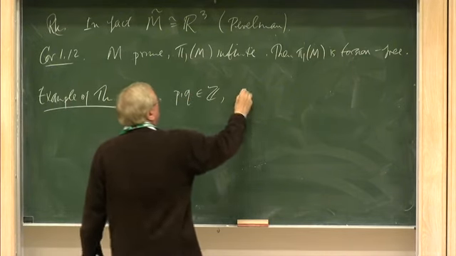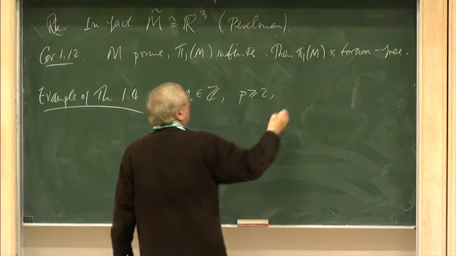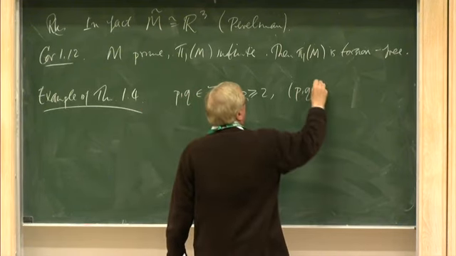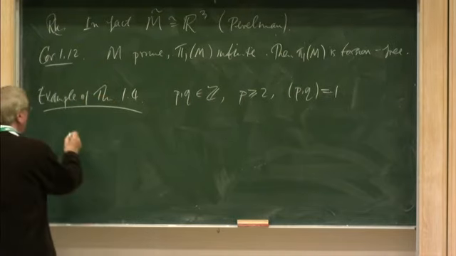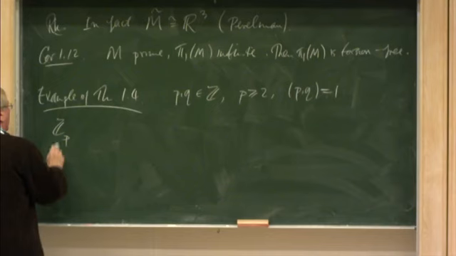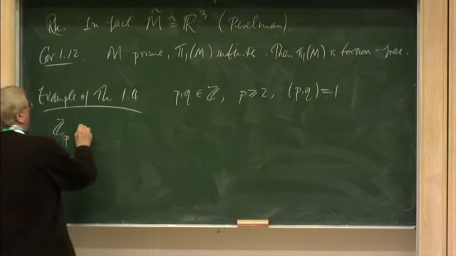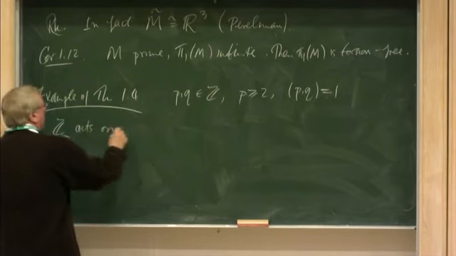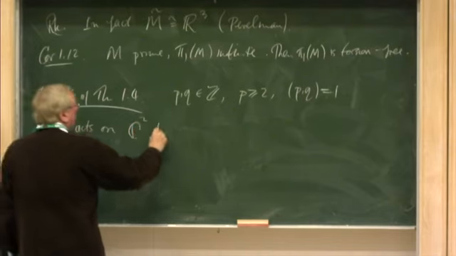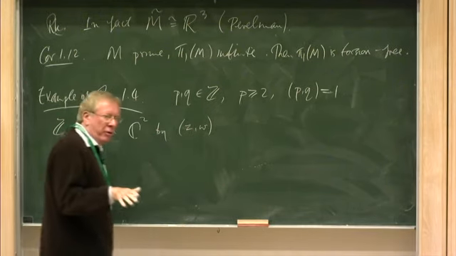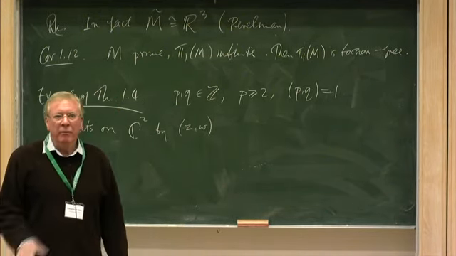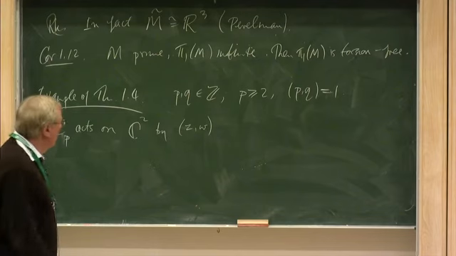P is at least 2, and P and Q are relatively prime. Then we can define an action of Z_P, the cyclic group of order P, on, let's say, C2 by, well, you rotate the first copy of C through 2 pi over P.